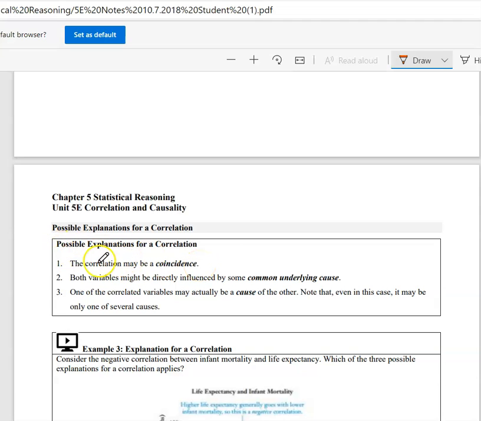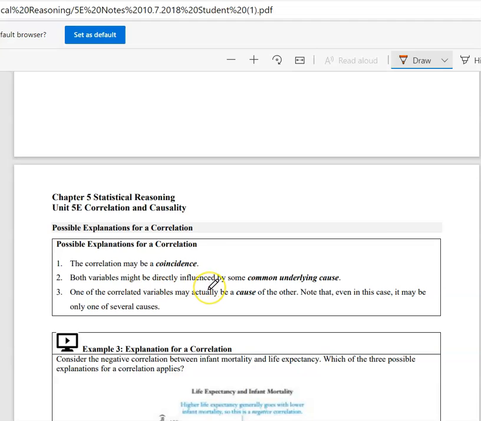Is it number one, or are both variables directly influenced by some common underlying cause? In other words, is there something out there that causes the stock market to go up that also causes pre-1970s formed NFL teams to win the Super Bowl? Probably not. Does one of them cause the other?